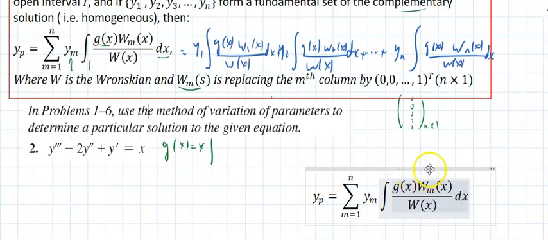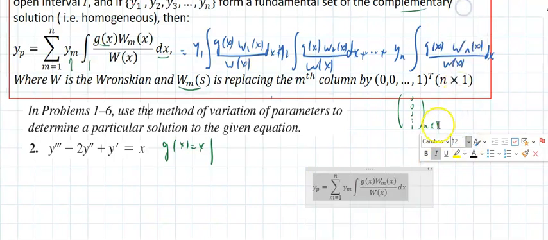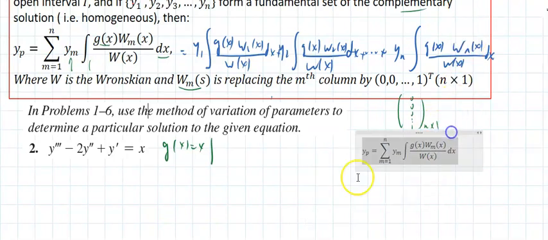There we go. Much better. And I'm going to shrink that so we could just see it. Well, how does this work? I need to figure out the solution first so I can get the Wronskian.